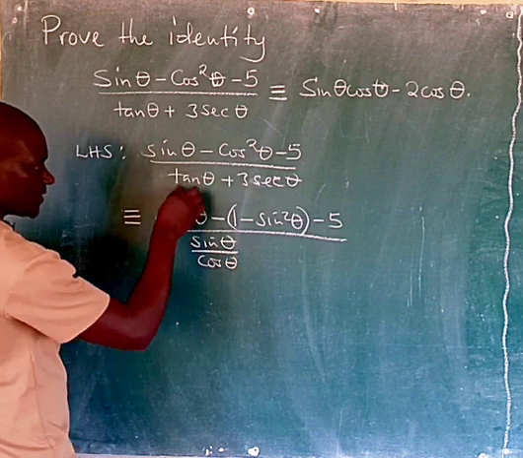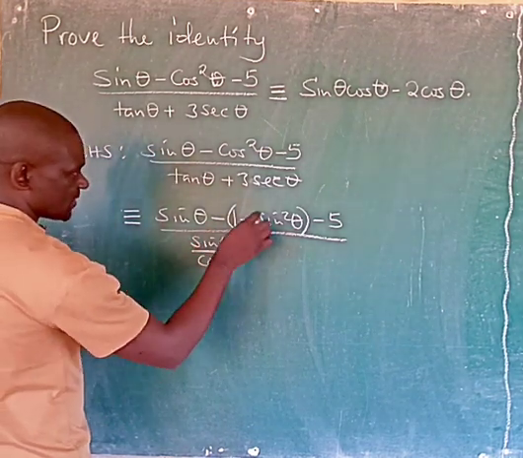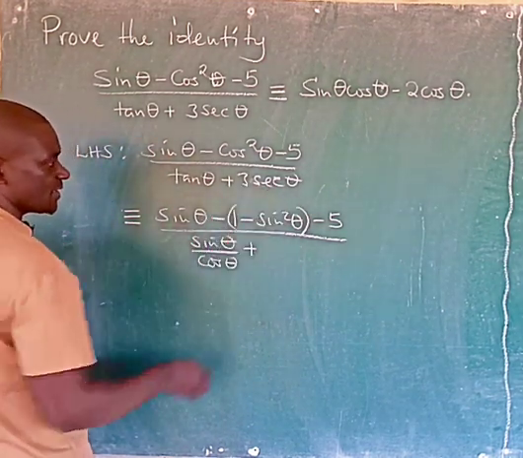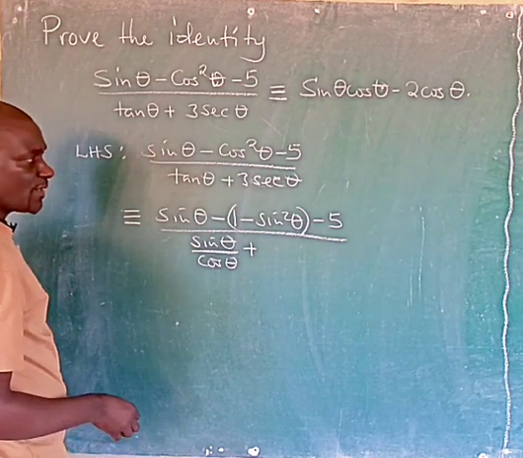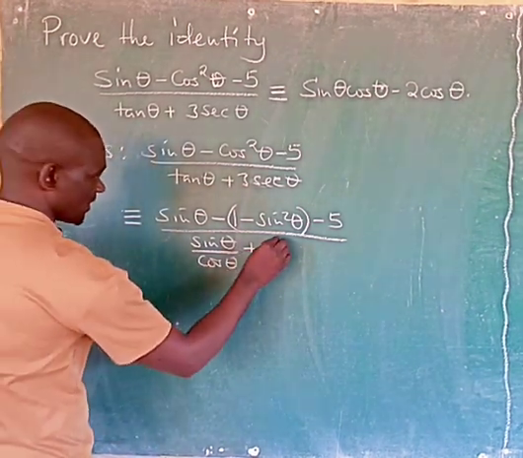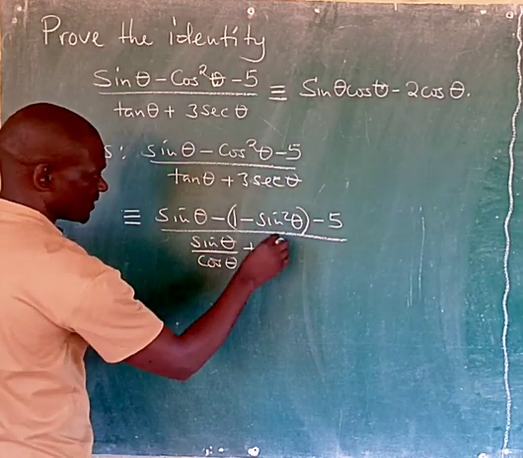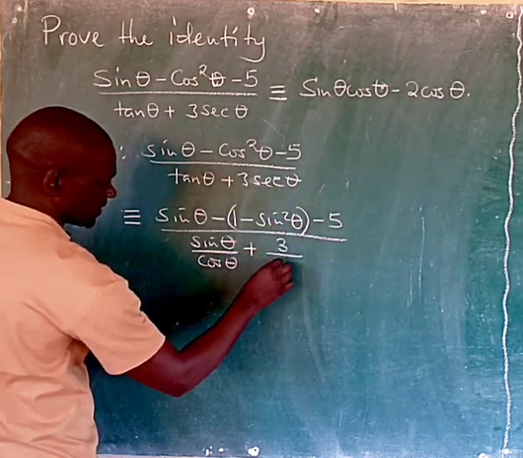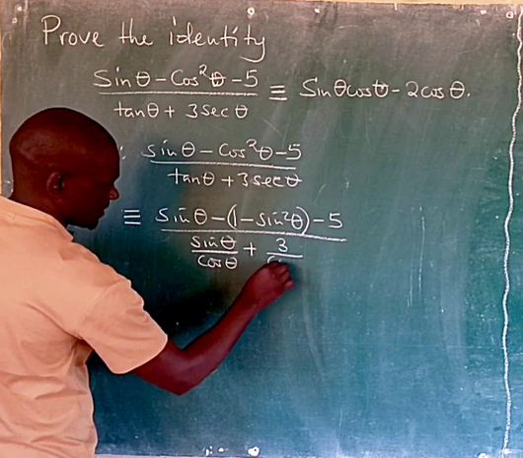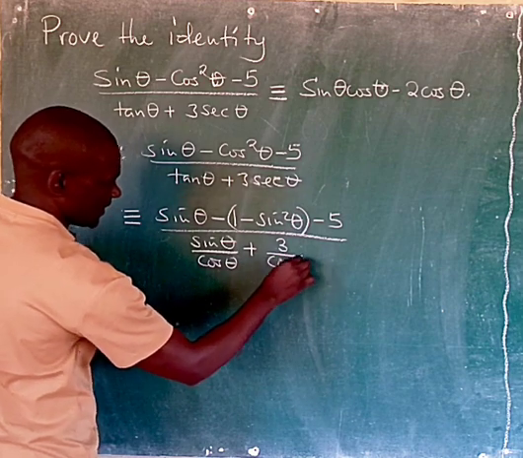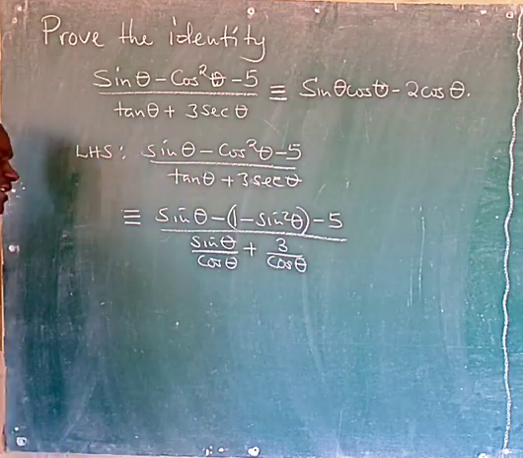So this gives us tan theta plus 3 sec theta. Sec theta is simply 1 over cosine, so the 3 remains, and we say 3 over cos theta. So that's our first stage.